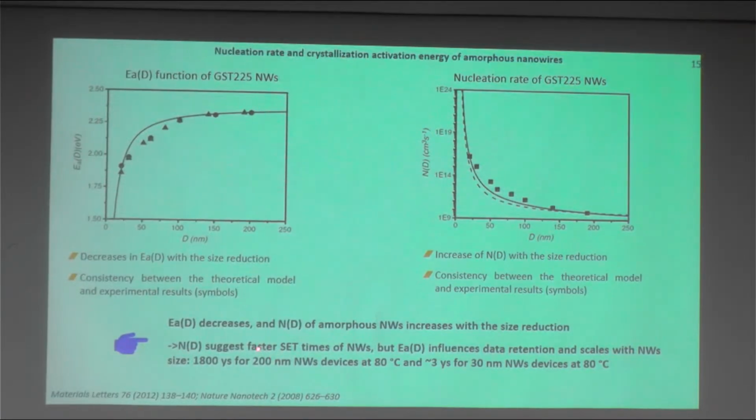So if it's 200 nanometer diameter, we have stability of such objects for 1,800 years in a device at 80 degrees C, and only 3 years for 30 nanometers at 80 degrees C. So you see that this is actually not good for the device if the size is reduced, because our data retention is also reduced to fewer years than required. We need at least 10 years, so maybe in this range we can get the 10 years data retention.